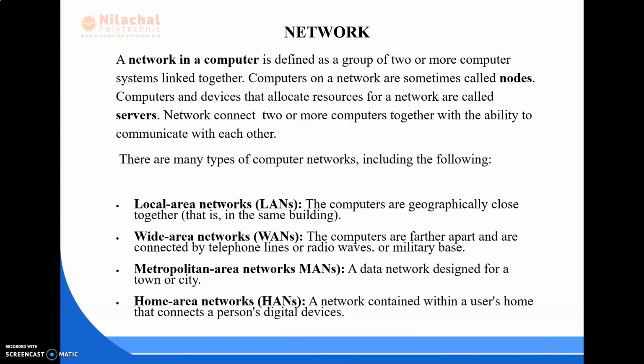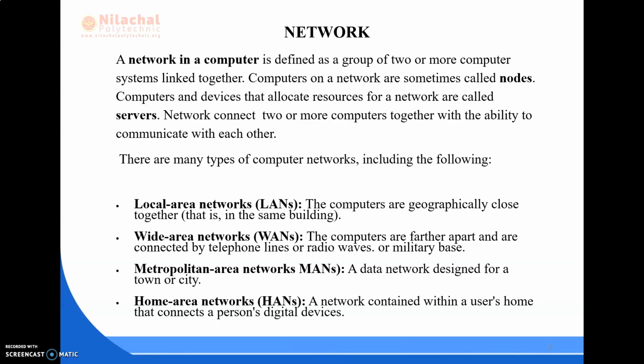Computers and devices that allocate resources for a network are known as servers. A network connects two or more computers together with the ability to communicate with each other. There are many types of computer networks, such as local area networks, also referred to as LAN.